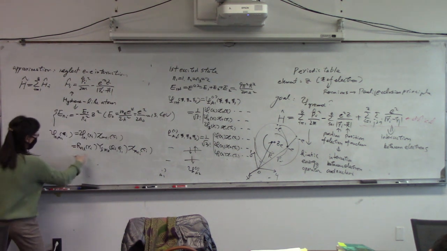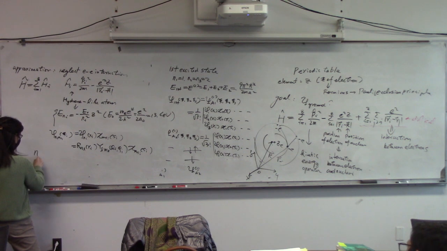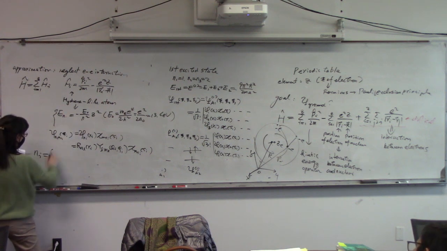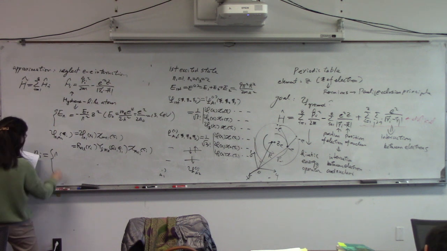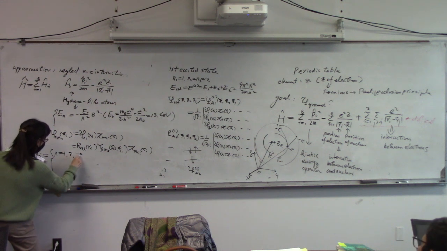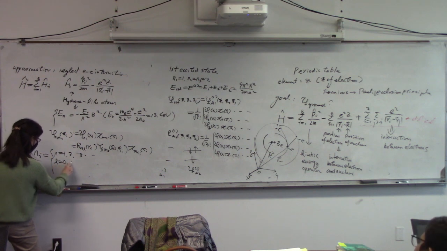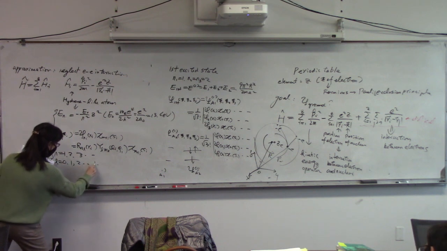Now we have several quantum numbers. Just remember, Ni is a combination of those. Let me remove this one, otherwise this n is this n here, right? n from 1, 2, 3, all integers. And l from 0, 1, 2, up to n minus 1.